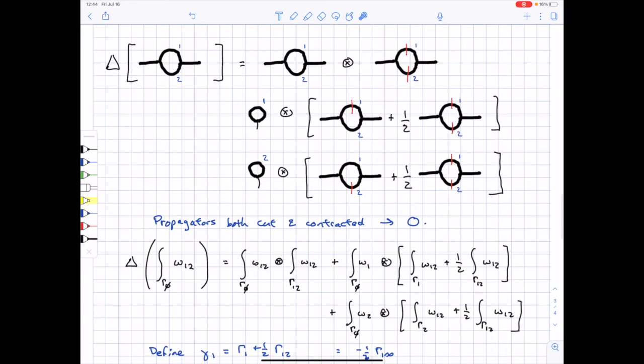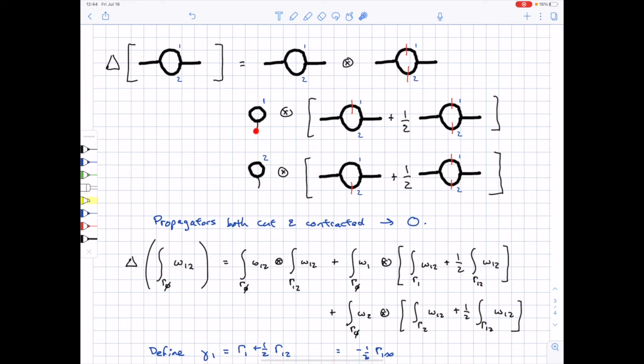Looking at an example such as this one, you'd see if you, for example, consider a discontinuity across the full diagram, so this is in a momentum channel, the discontinuity with respect to p squared would act on each of these first entries.